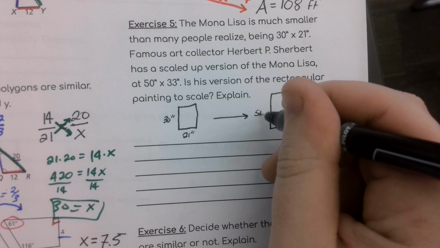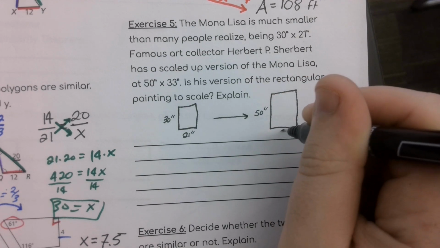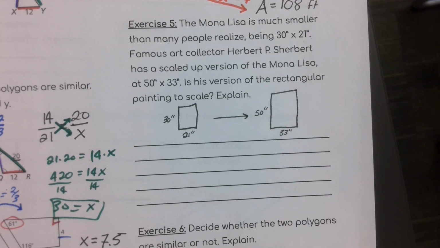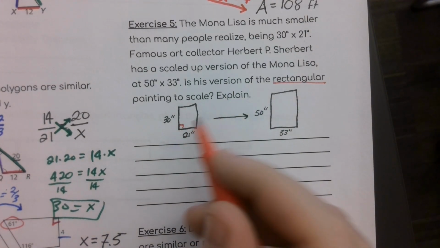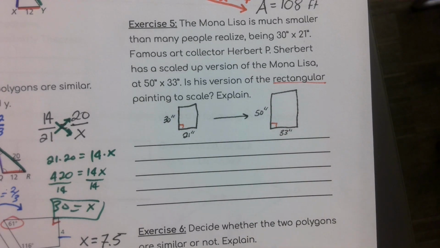His version is 50 inches by 33 inches. So we need to figure out if this is similar or not. To determine if two shapes are similar, we first have to verify that all the angles are the same. But because I was told it was a rectangular painting, we know that all the angles are going to be right angles. We're fine with that.